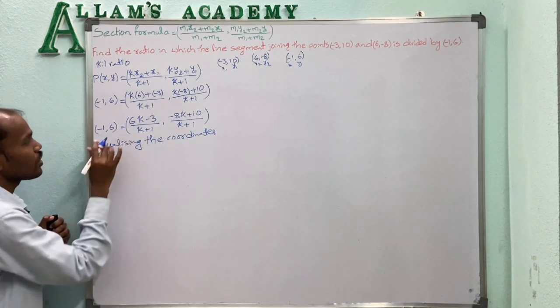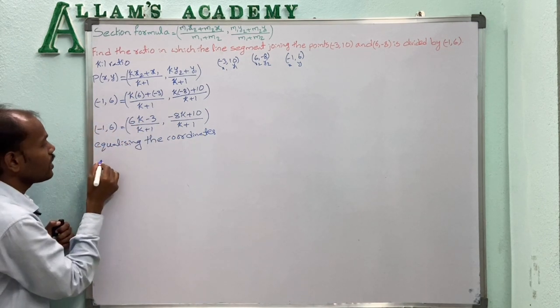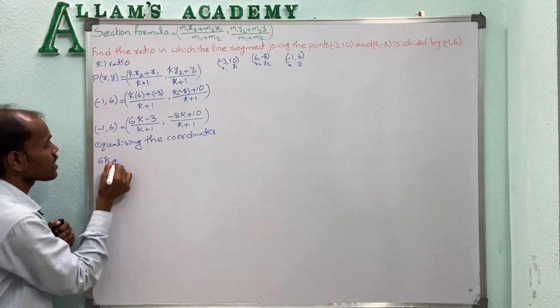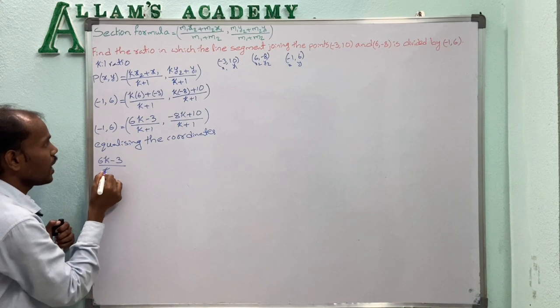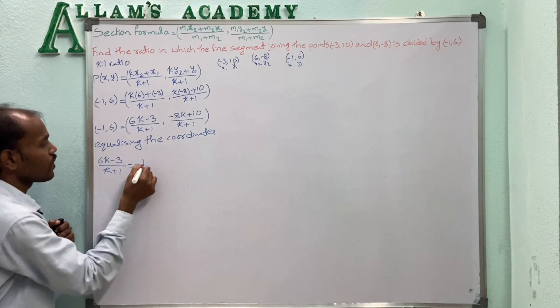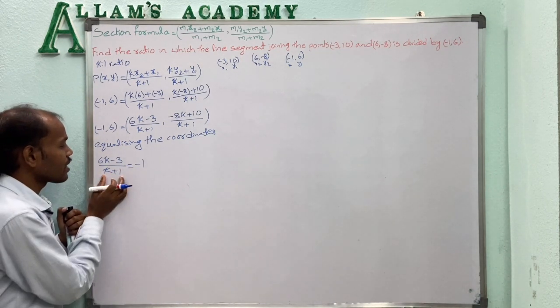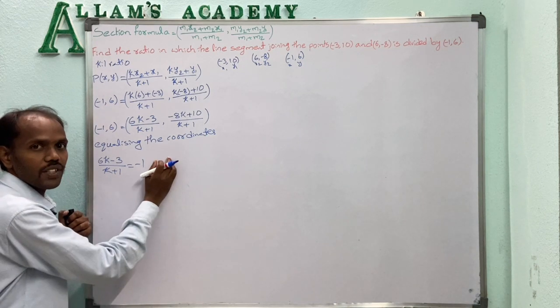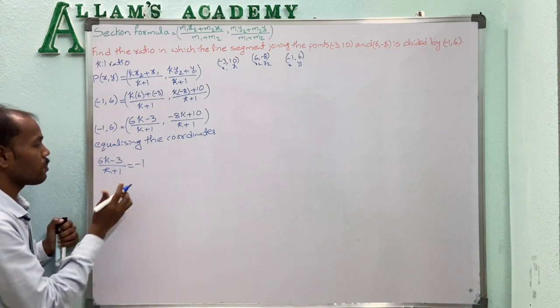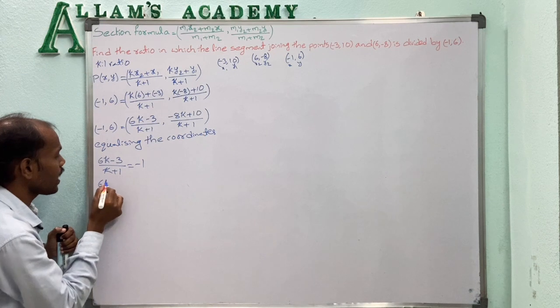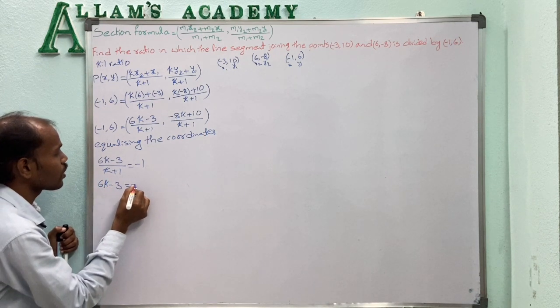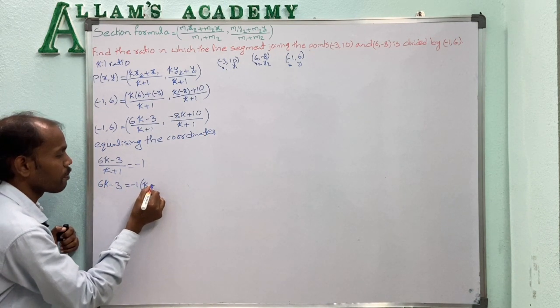Now we can take, if x coordinates are equal, then (6k minus 3) by (k plus 1) is equal to -1. Now that division k plus 1 is transferred to RHS, that is multiplication. So 6k minus 3 is equal to -1 into (k plus 1).